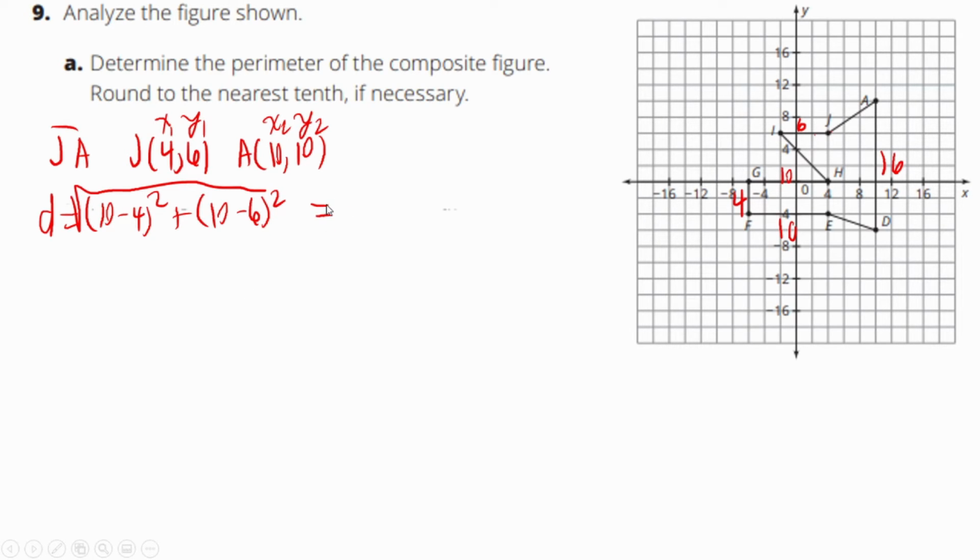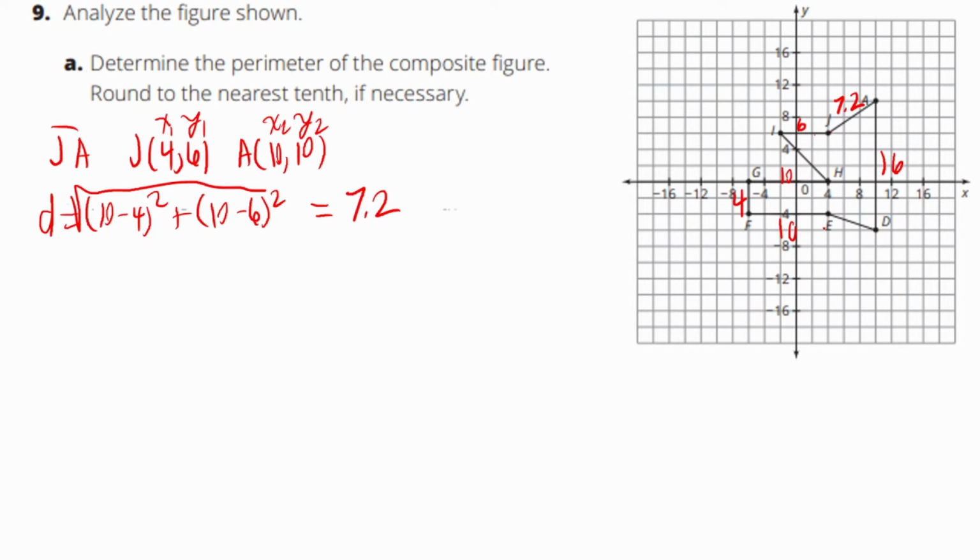And what do we get here? We just plug it into our calculator. 10 minus 4, whoops, forgot my parentheses. 10 minus 4 squared plus 10 minus 6 squared. Gives me 7.2 units. So we now know JA is 7.2.